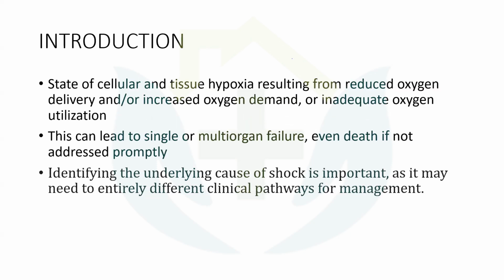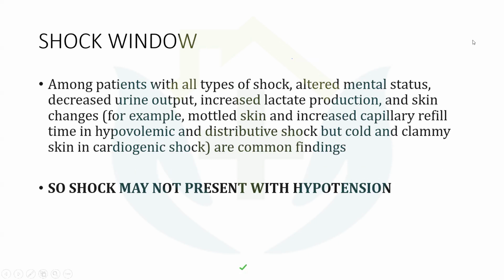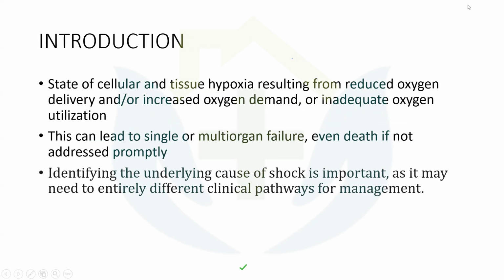So introduction, as we all know, shock is a state of hypoperfusion. A state of cellular or tissue hypoxia resulting from reduced oxygen delivery and/or increased oxygen demand or inadequate oxygen utilization. Now, what does reduced oxygen delivery mean? Delivery of oxygen, DO2, depends on cardiac output as well as the oxygen carrying capacity of the blood, which in turn depends on the hemoglobin level.